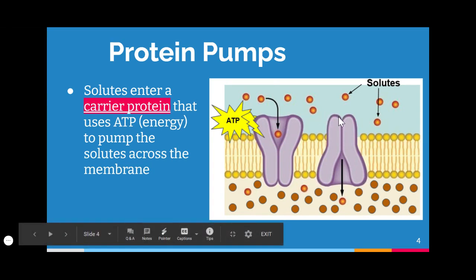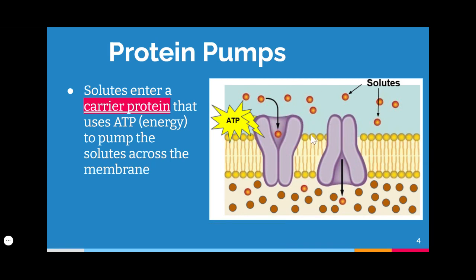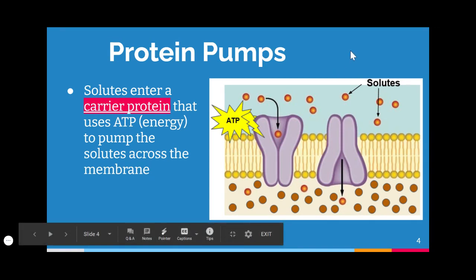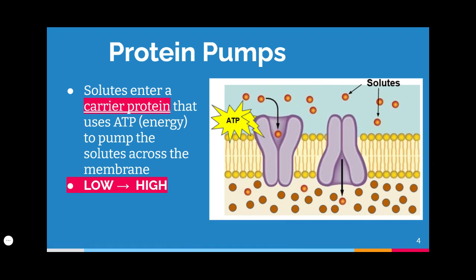Here are these protein carriers that can pump solutes through the membrane. And here's my little molecule of ATP. So using a bit of energy to get these solutes to cross the membrane. It is moving solutes from a low concentration to a high concentration.